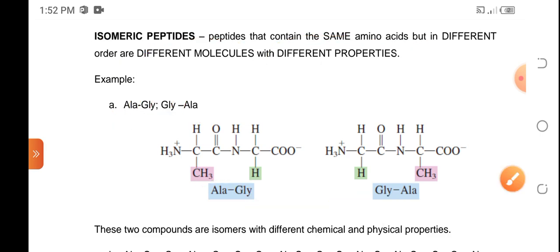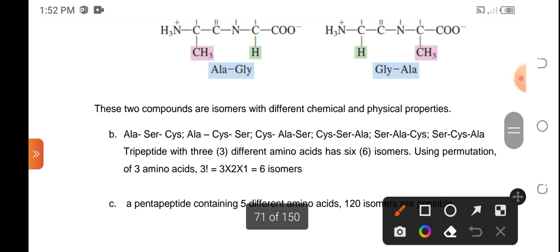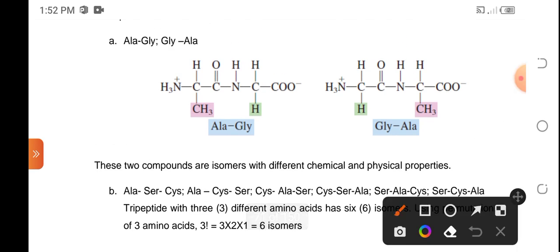Okay? So, paano natin malalaman kung ilan ang isomers? Okay? So, meron tayong formula rather. If we have here two amino acids, ang kanyang isomers lang ay dalawa. Okay?